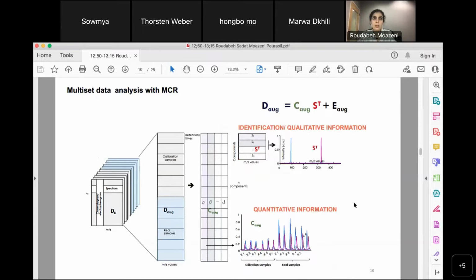The main advantage of the multivariate curve resolution method is that we can merge or augment as many data sets as possible, and we can use it for multi-set data analysis. Because of that, after augmentation, we can have calibration as well as real sample elution profiles and their mass spectra. Please go to the next slide.